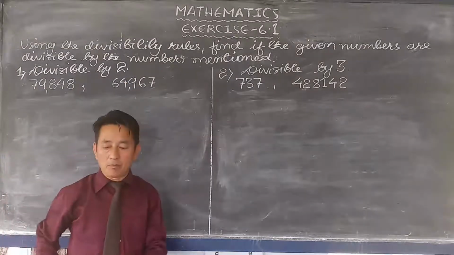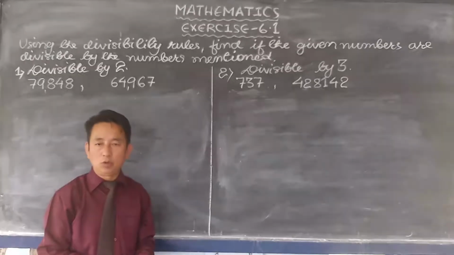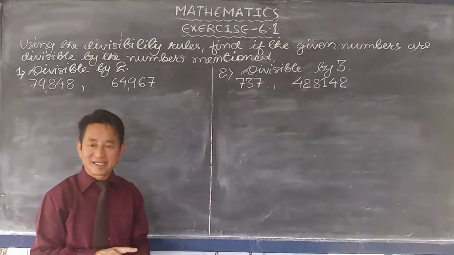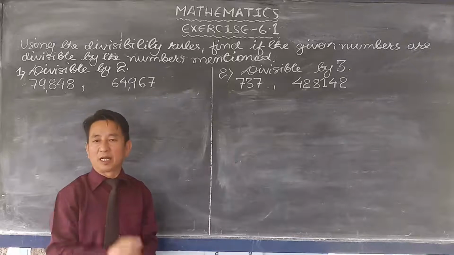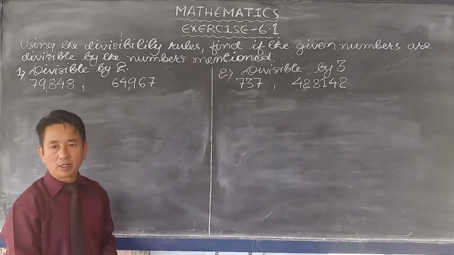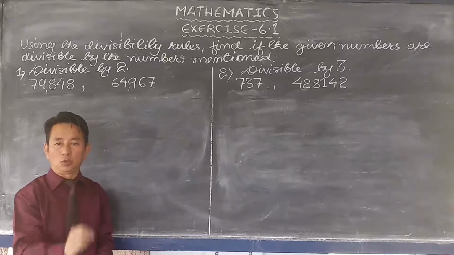Suppose if a number has 0, 2, 4, 6 or 8 in its ones or unit place, that number is an even number, and an even number is always divisible by 2.